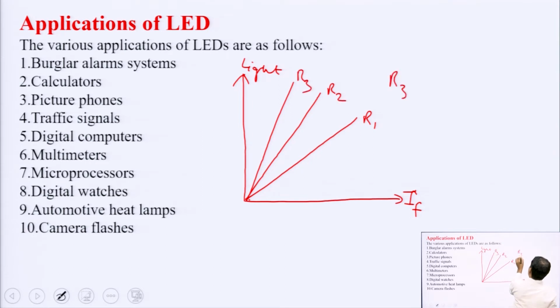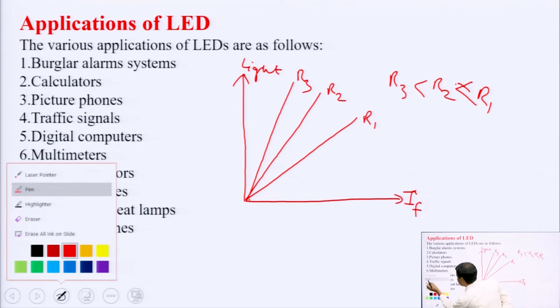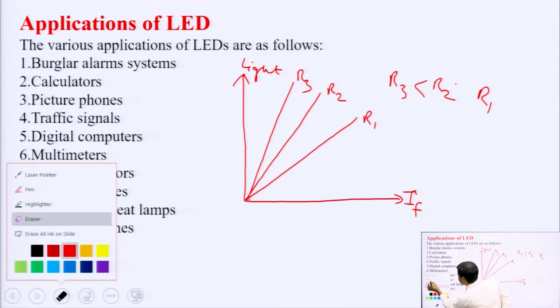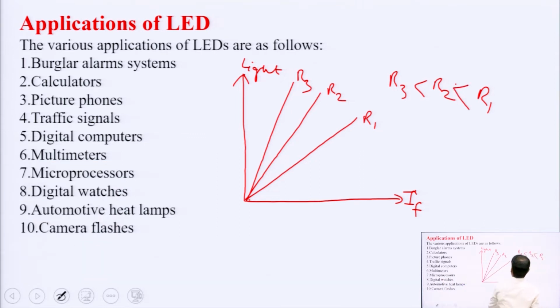Here R3 is less than R2, which is less than R1. This means if the value of resistance decreases, the forward current will also increase. If R decreases, then forward current increases. This means the light will increase. So this is the relation between the forward current and light with the various values of resistance.